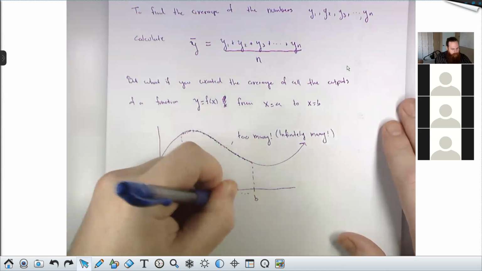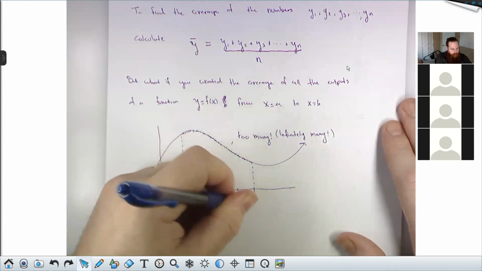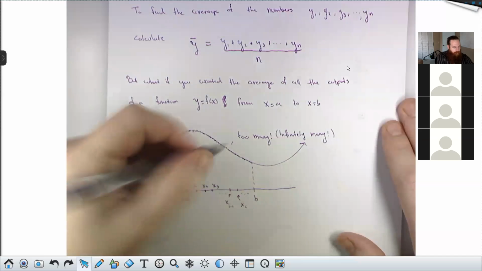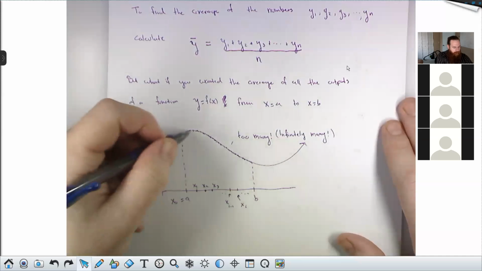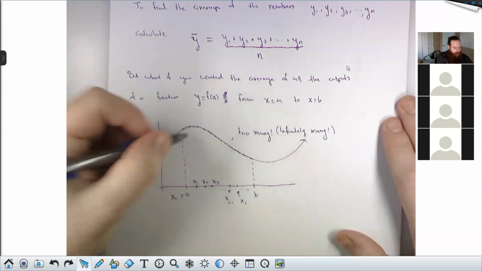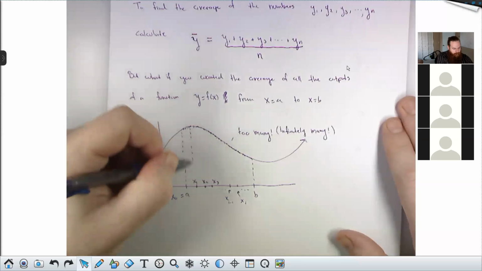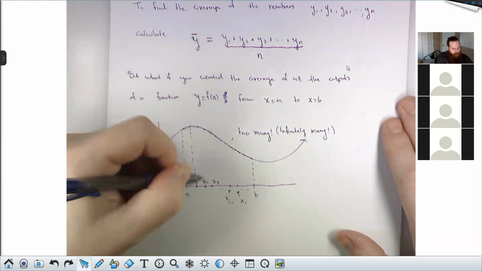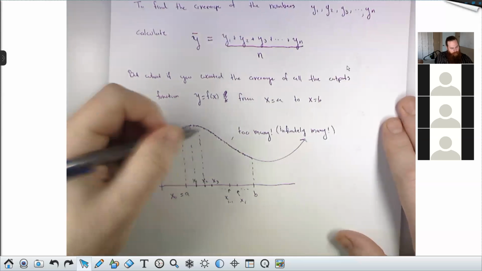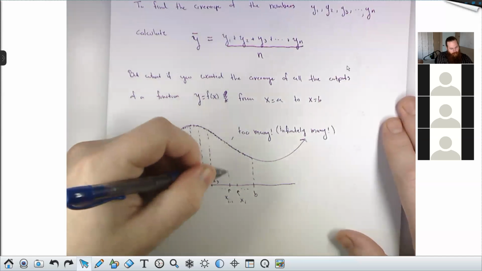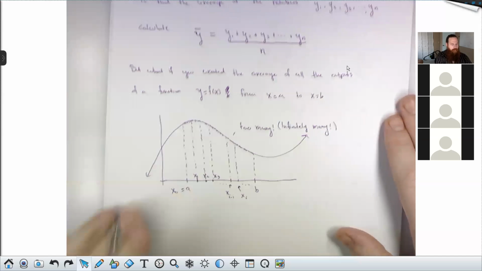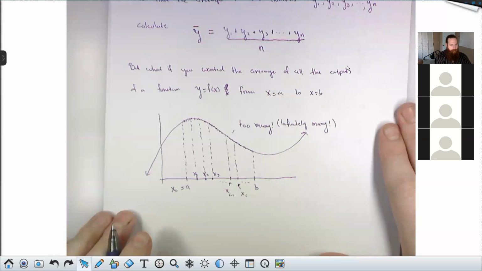I'll call this x_{i-1}, and I'll call this x_i. And we build a Riemann sum, right? So I want to take the average of all of these. It starts to look very Riemann summy.